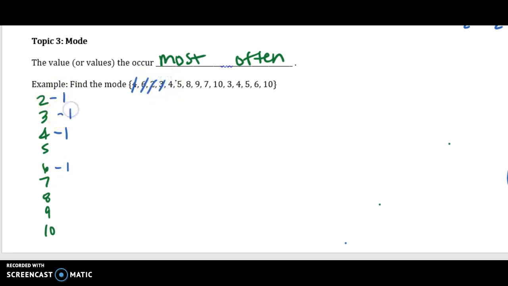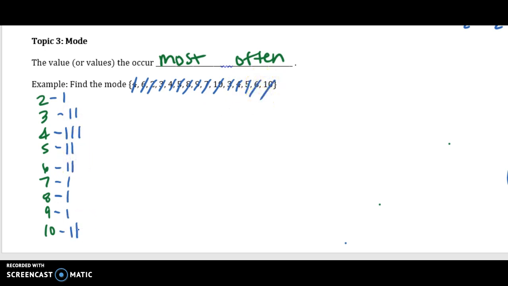If you have a whole lot of numbers in your data set, doing tallies is really helpful because you don't have to sort the numbers out. 9, we got 1 9, we have a 7, we have a 10, we have a 3, we have a 4, here's another 5, a 6, and a 10.